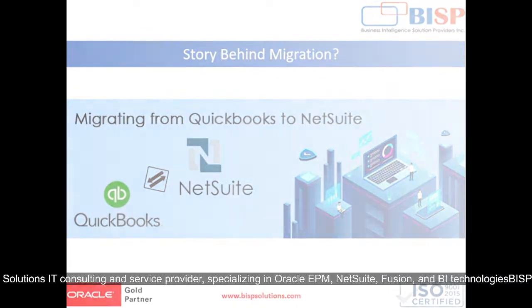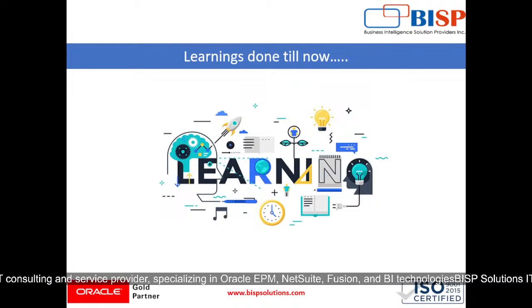The learnings we have covered till now are why we are doing data migration, the benefits of NetSuite, the limitations of QuickBooks, and the project scope we have discussed. We also understood subsidiaries, steps to plan subsidiary hierarchy, defining roles and permissions, steps for planning roles and permissions, and the migration process and best practices, and the benefits we have discussed.